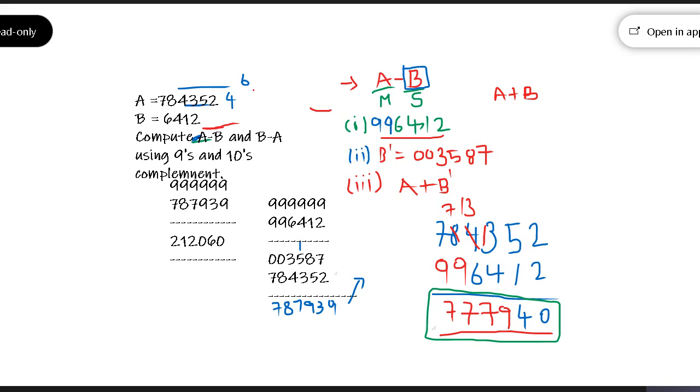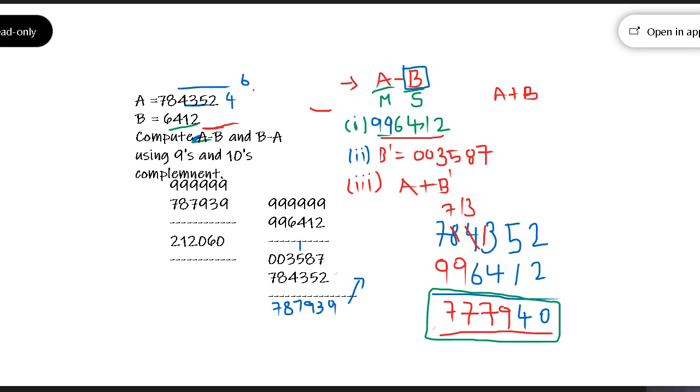When I'm doing A minus B with 9's complement, first I have this particular value 6412. What is the first step I've done here? I have added two 9's here, because 9's complement. Now, are you supposed to add two 9's or two zeros? That is the question.